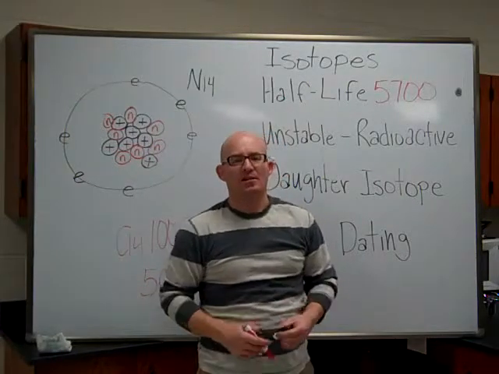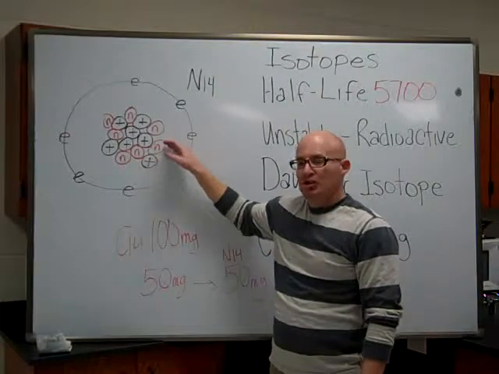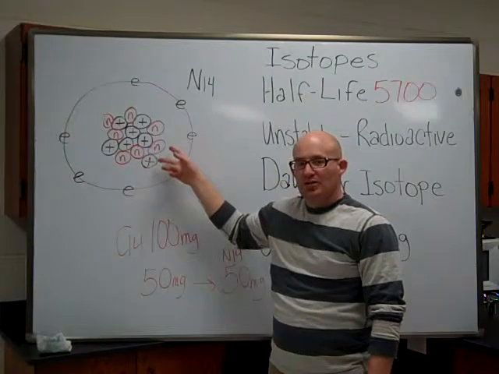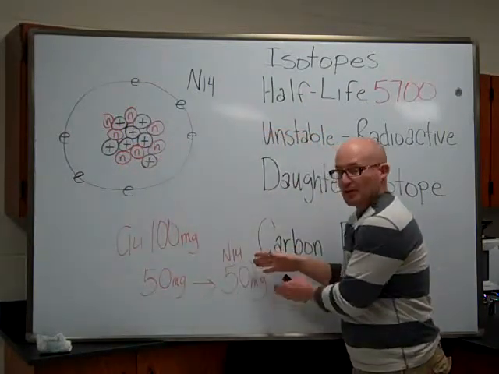So I can tell how old the fossil is by looking at the radioactive atoms, seeing how much is remaining of what they originally would have started with, and then looking at how much new daughter isotope there is to compare the two.